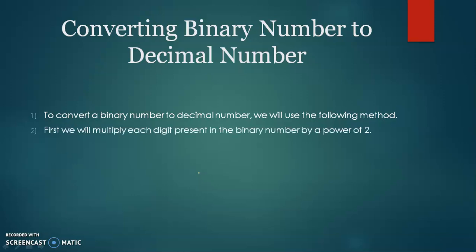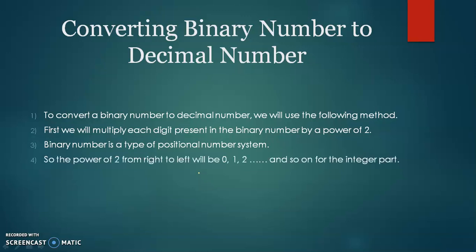First of all, we are going to multiply each digit present in the binary number by a power of 2. So, what will be the power of 2? As you know, a binary number is a type of positional number system.